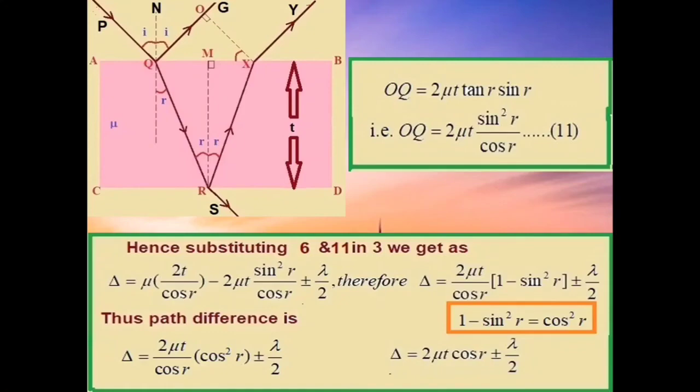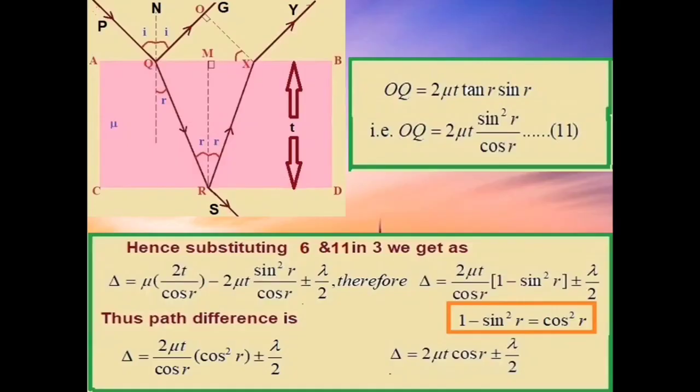This is equation 11. Hence, substituting equation 6 and equation 11 in equation 3, we get the path difference delta is equal to mu into twice t divided by cos r, minus twice mu t into sin square r divided by cos r, plus or minus lambda by 2.